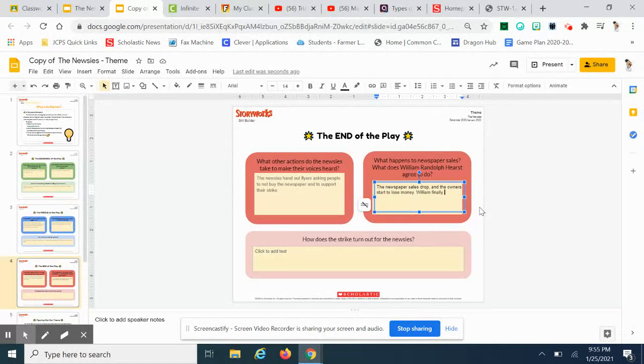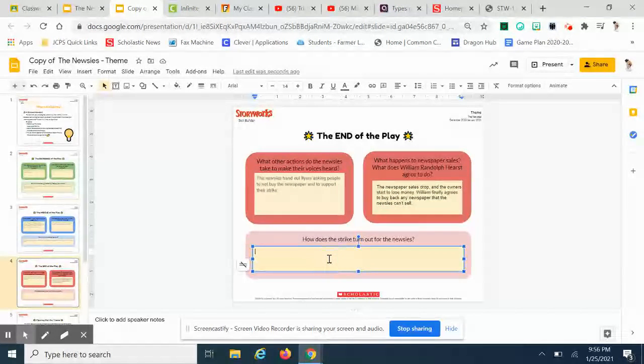So William finally agrees to buy back any newspaper that the Newsies can't sell. That way, the Newsies aren't losing any money, and the owner is still getting to sell his newspaper at the higher price that he wanted.